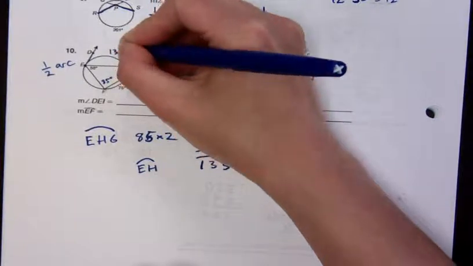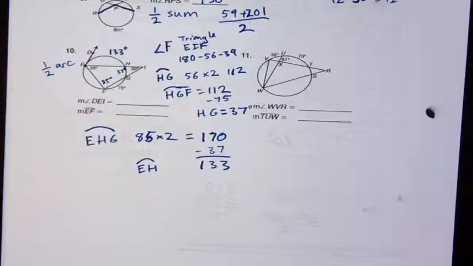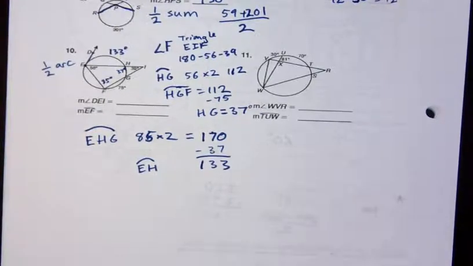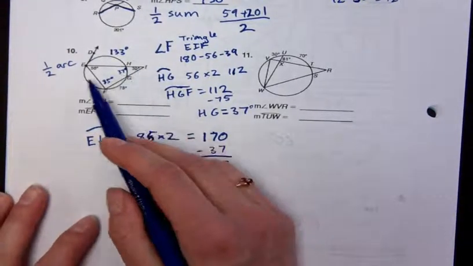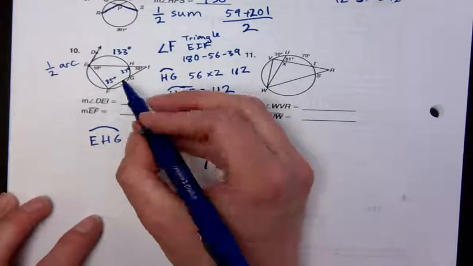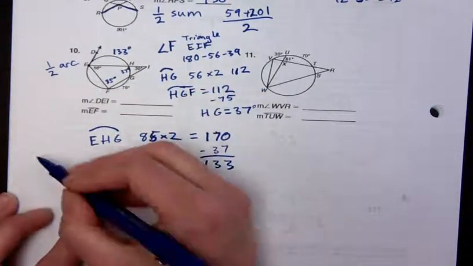So what I'm doing on this circle, this is one of those kind of challenging problems, is I'm just trying to find everything, and it'll eventually give me what I need to find. And I'm showing you kind of two ways to do most things. And so let's go back. Even if I hadn't found that, I can use the 39 and 37 to find arc EF.